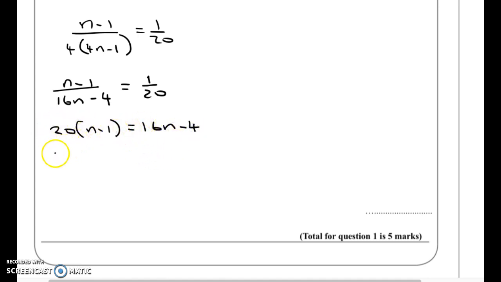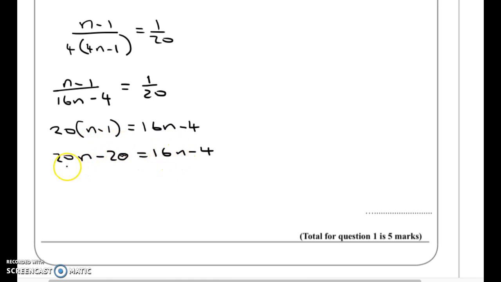Expand out, so we'll have 20n minus 20 equals 16n minus 4. Now we can add 20 to both sides and take 16n from both sides.